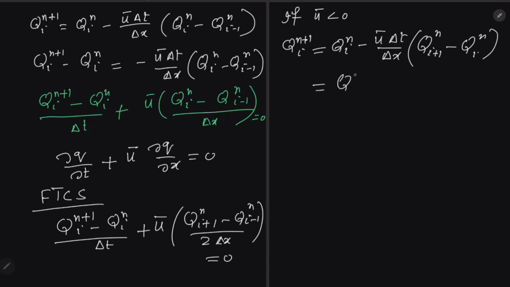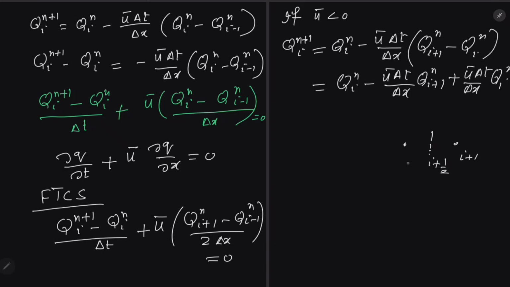So I write it as Q_i^n minus U bar delta T by delta X, Q_{i+1}^n plus U bar delta T by delta X, Q_i^n. Let me check that this is the correct numerical method. So I plus 1 half, and then I have I plus 1 and I. So information is coming from I plus 1. So it is correct. I take a common factor: 1 plus this quantity, which is the CFL number, C, Q_i^n minus C Q_{i+1}^n.